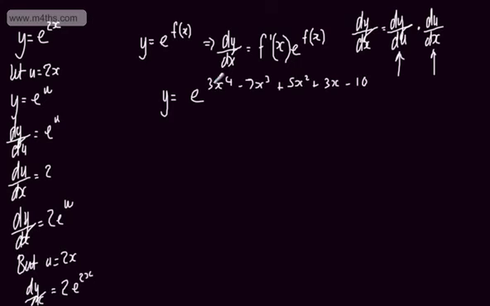All we would do is simply find the derivative here, so we could say that dy by dx, we are differentiating the outside function. The outside function is e to the x, the derivative of e to the x is e to the x.